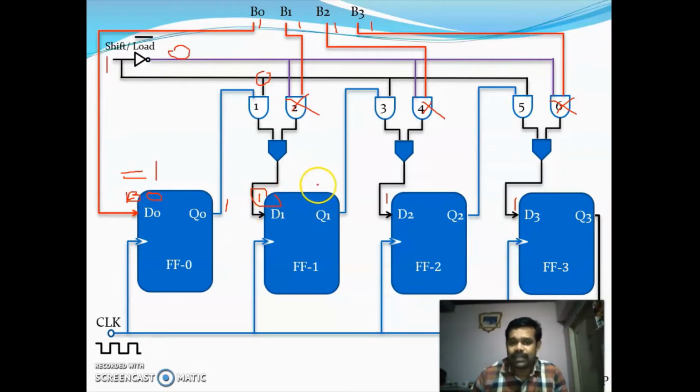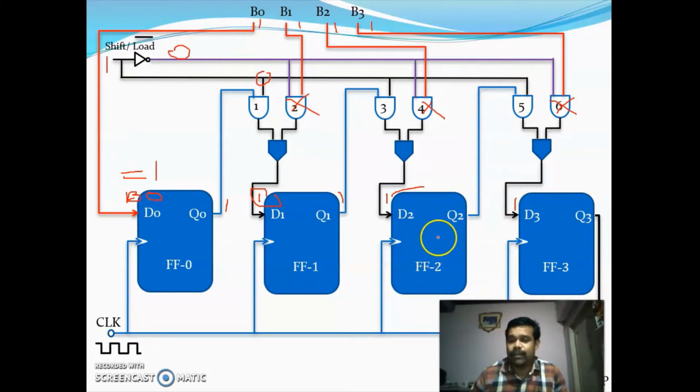That 1 will be transferred to this output, and it will be coming to here. Similarly, at that time this input is transferred to the output of Q2, and the output of Q2 will be transferred to D3 during the next clock pulse.